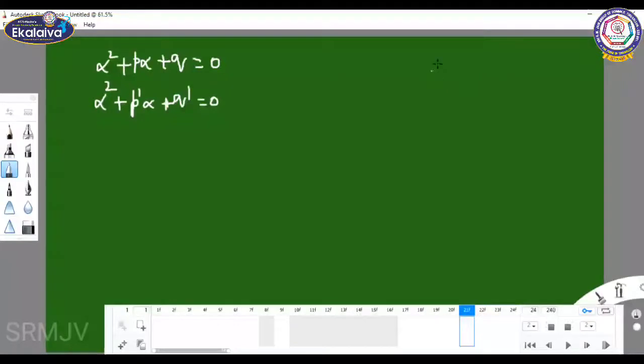What is the center value? P Q. Alpha square is 1 P. P Q 1 P. The same way, P dash Q dash 1 P dash. Do the cross multiplication.